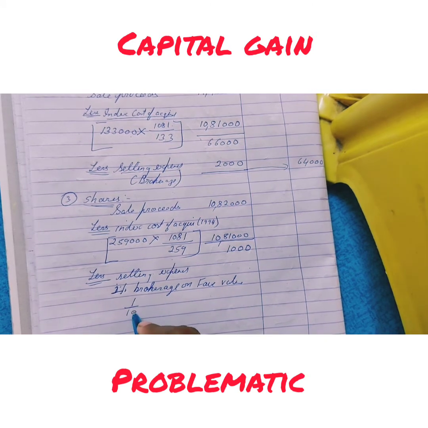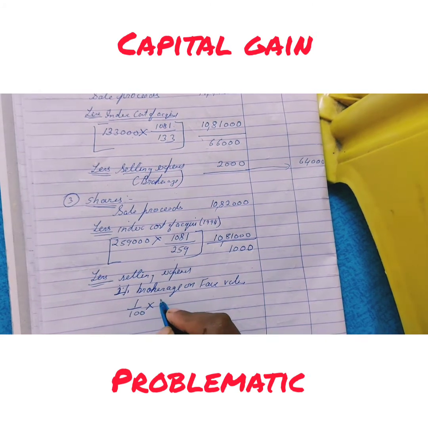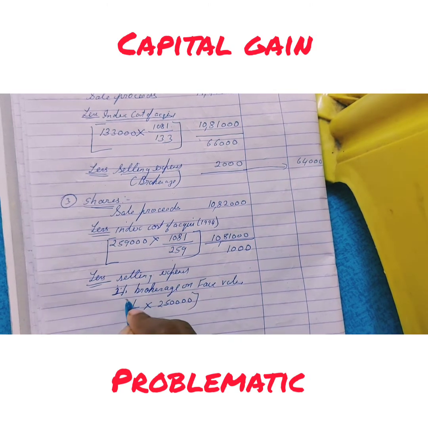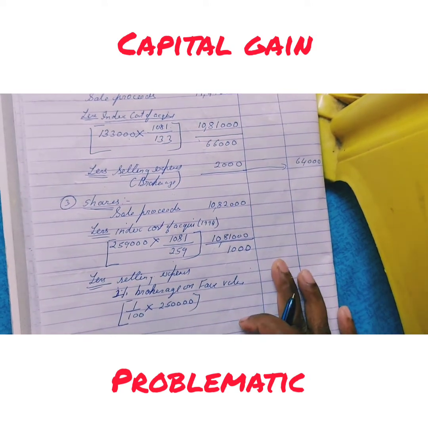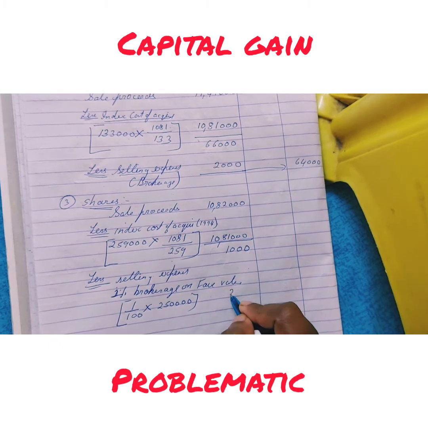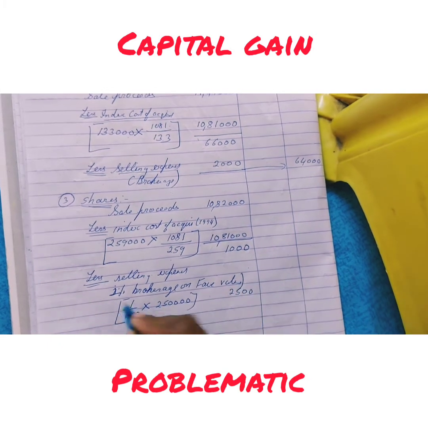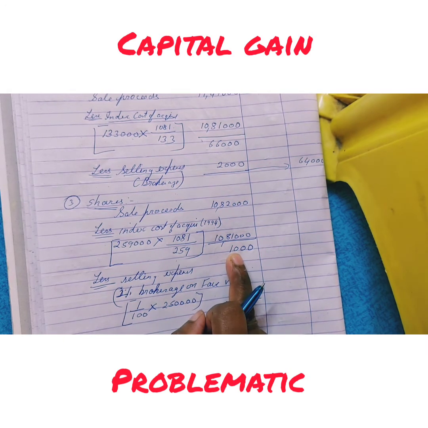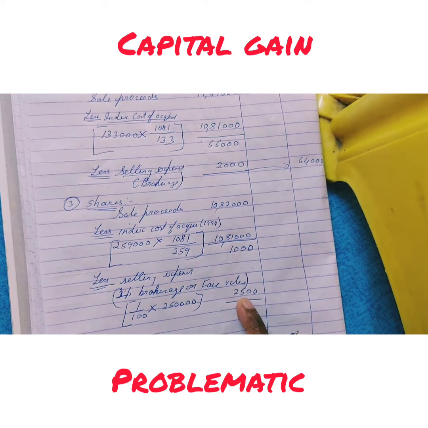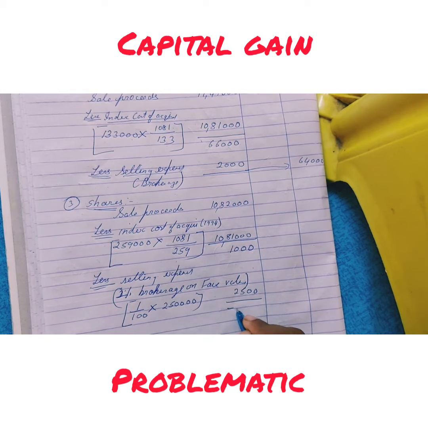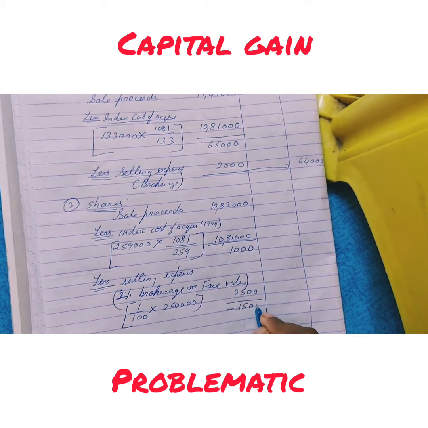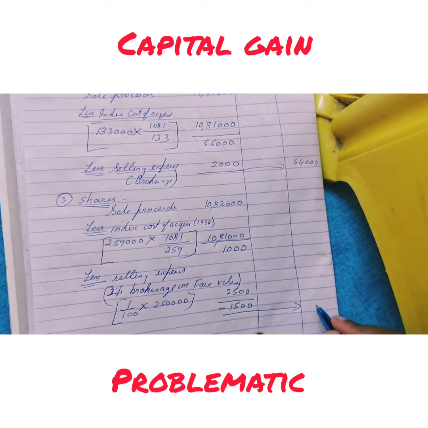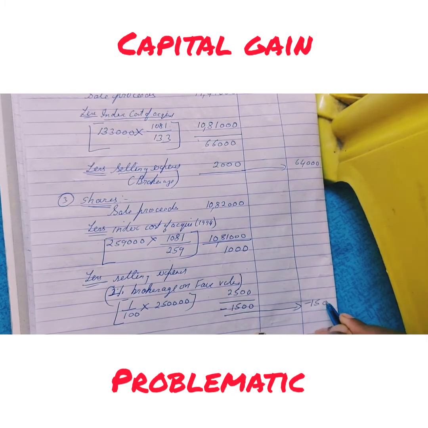So 1 divided by 100 into the face value of the share, 2,50,000, is 2,500. Now only 1,000 is remaining. From 1,000 we have to deduct 2,500, so it will come under minus, minus 1,500. So my answer for shares is that we are in loss, minus 1,500.